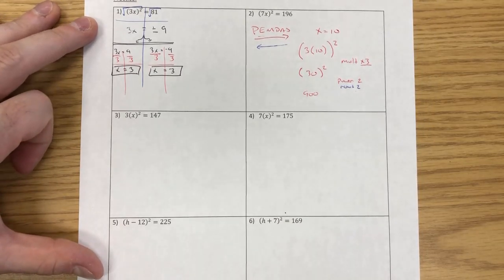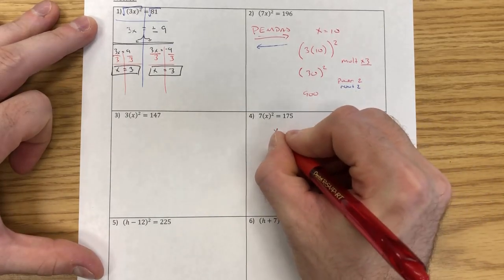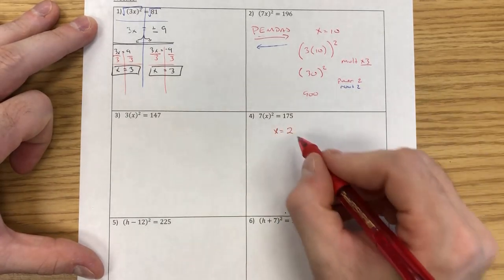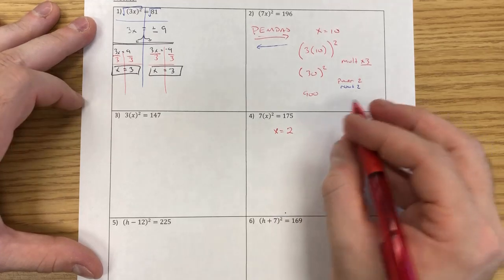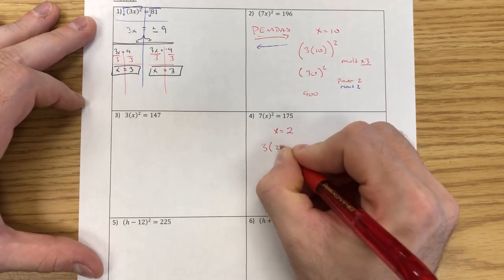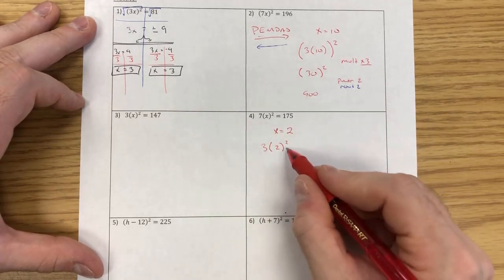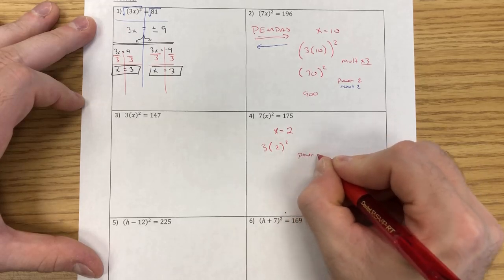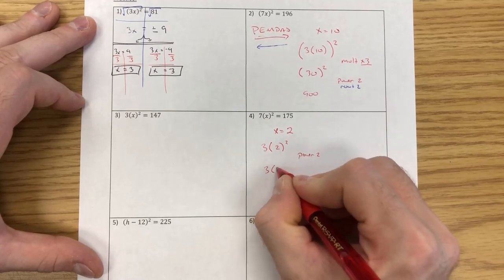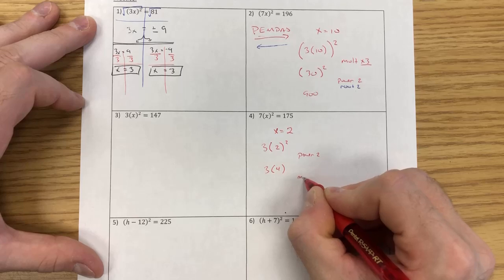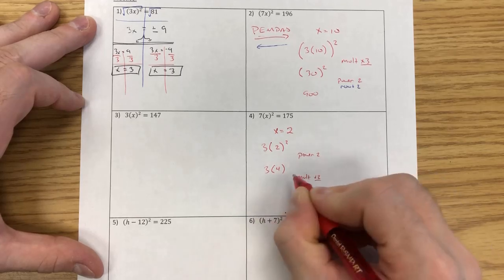If you're ever asking yourself, how do I solve this? Just make up a value for x and say, well, let's say x equals 2. Does not equal 2, but plug in 2 and see how you would solve it. So 3 times 2 squared. Well, first what I would do is the power and say, okay, so 3 times 4. And then I'd multiply by 3.